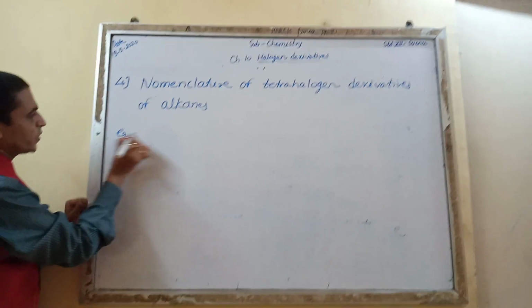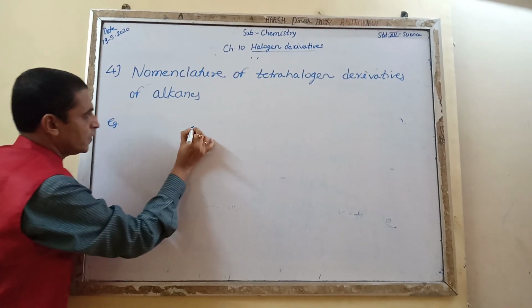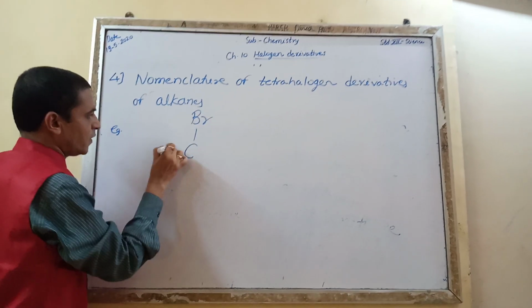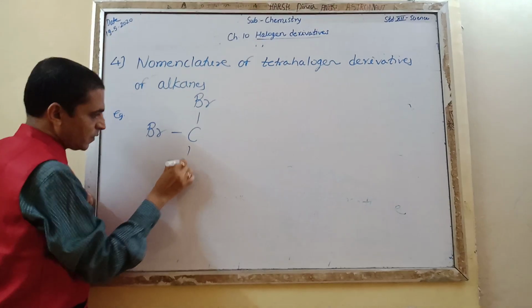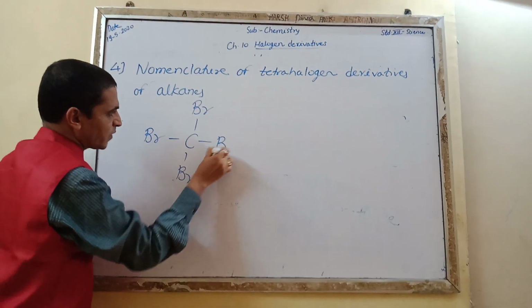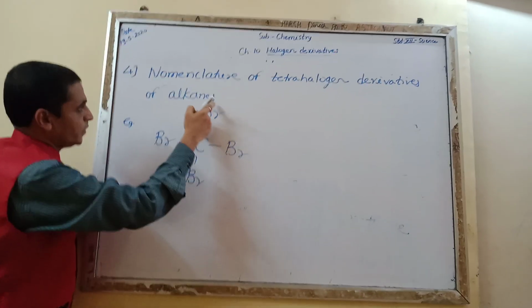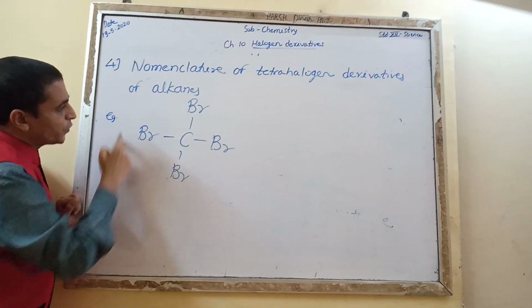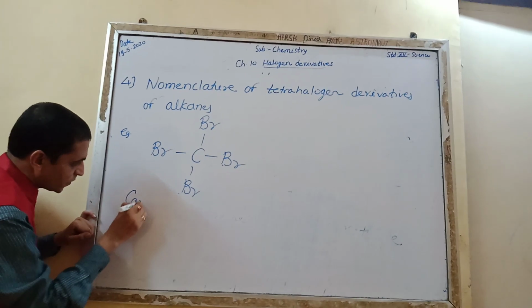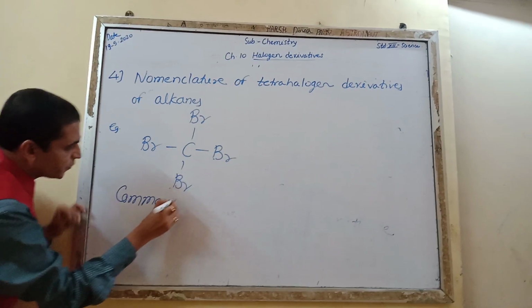Directly we can proceed. For example, CBr4. In tetrahalogen derivatives of alkane, four halogen atoms are present. For this, the common name is written in a different manner.